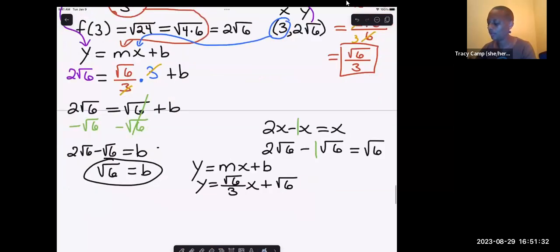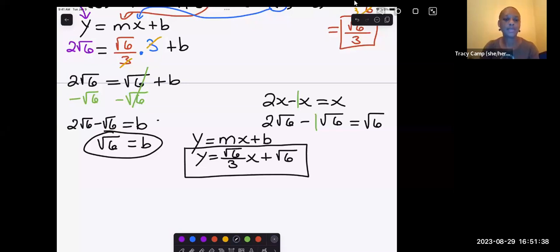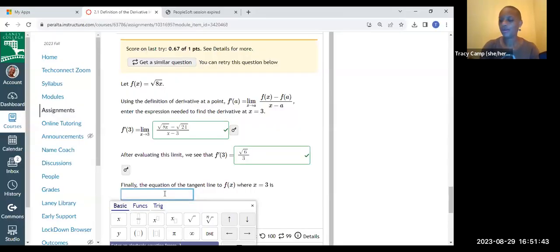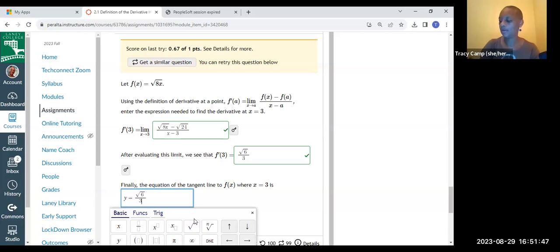I just wrote it here. And here we are. So I'm just going to enter that, make sure I didn't make any mistakes. Y equals root 6 over 3 x plus root 6.